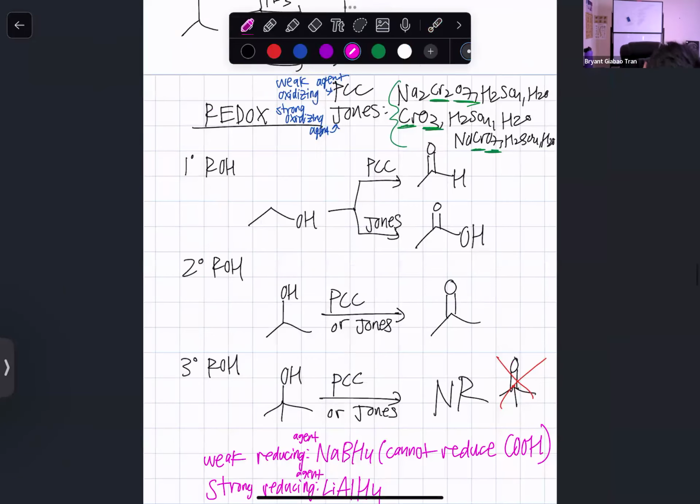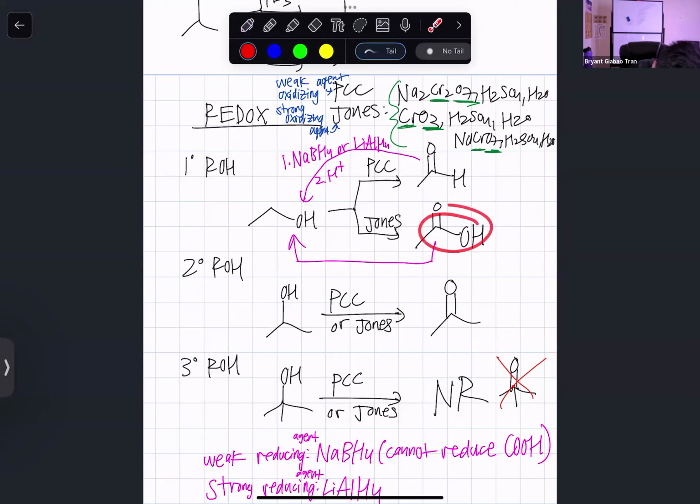So if you try to go from an aldehyde to an alcohol, it doesn't matter. You could use NaBH4 or LiAlH4 as a reducing agent. Now, to convert a carboxylic acid back into an alcohol, you cannot use NaBH4. NaBH4 will not do that. You would have to use LiAlH4, lithium aluminum hydride.